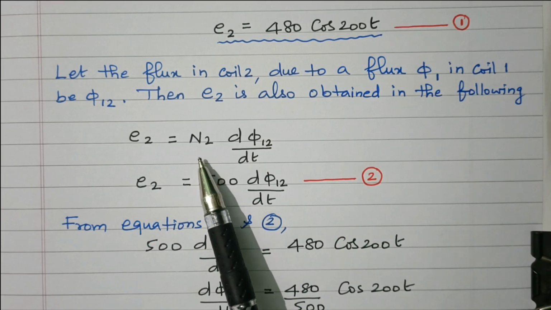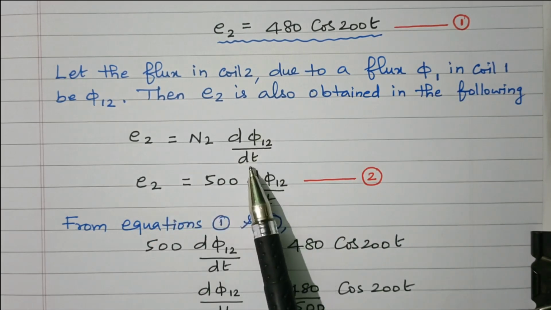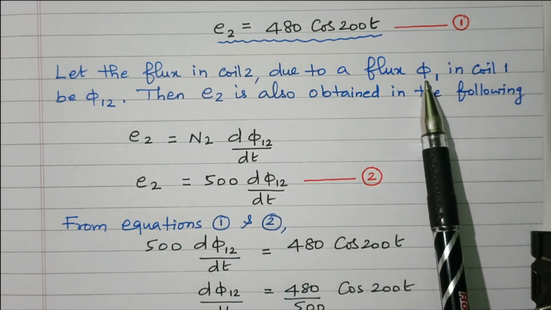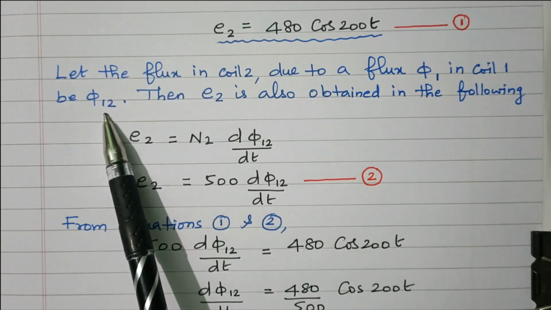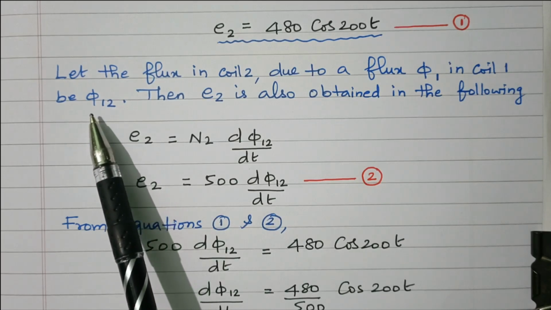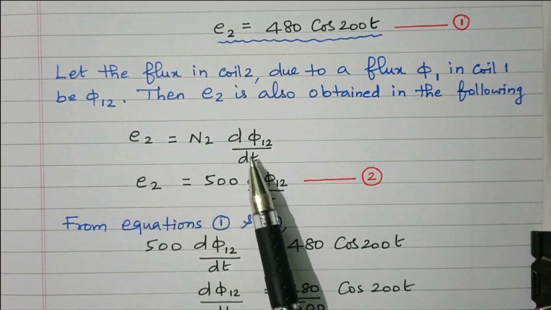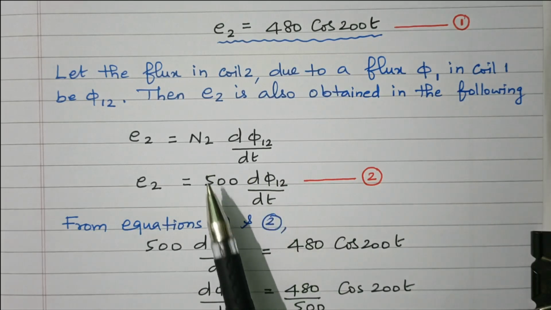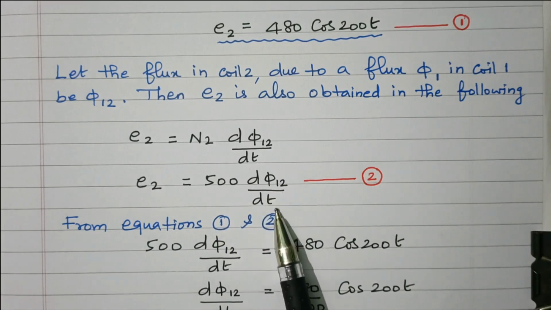We already said that E2 also depends upon the number of turns: N2 dφ12 by dt. φ1 is the flux in the first coil, and φ12 of that flux is linked with the second coil. So 12 means the flux from the first coil to the second coil. N2 is given as 500, so 500 turns, dφ12 by dt.